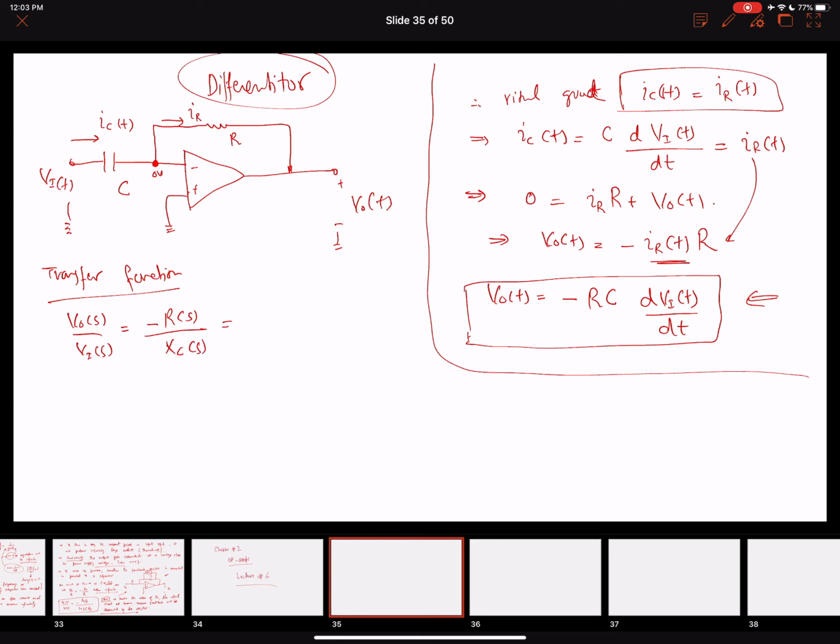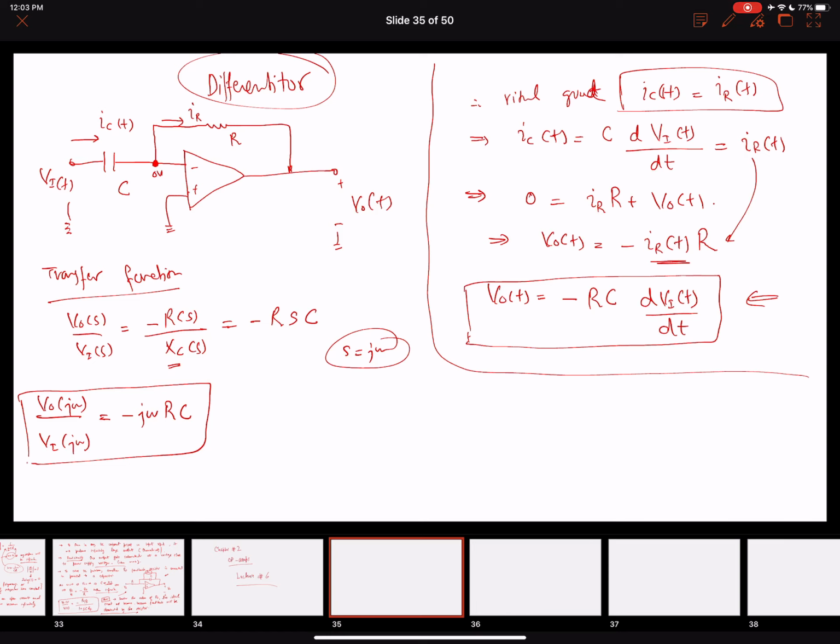It's a simple R in the feedback, and for the capacitance in the s domain, Xc is 1 over sC, so it will be minus sRC. We can replace s with j omega to find V naught of j omega over Vi of j omega equals minus j omega RC. So here's the transfer function of this differentiator circuit.